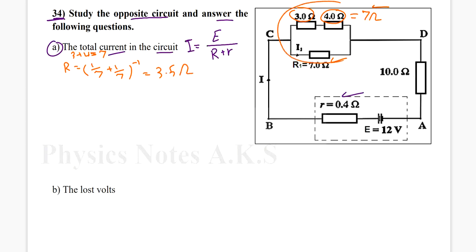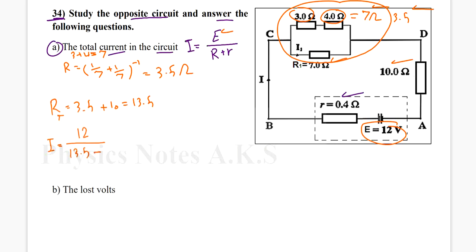Now all these are 3.5, right? Now the 3.5 with the 10 are connected in series, right? So our total is going to be 3.5 plus 10, which equals 13.5. Now let's apply the formula for the current. I equals electromotive force, E, which is 12, it's given. So 12 over external, we found it 13.5, plus the internal, 0.4.